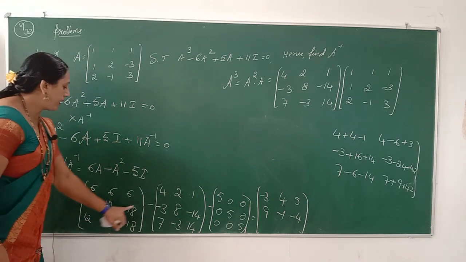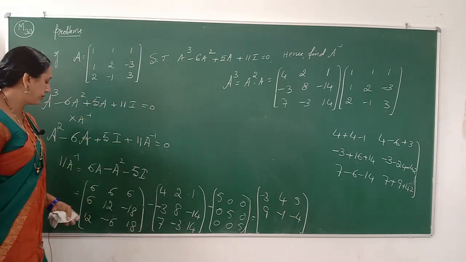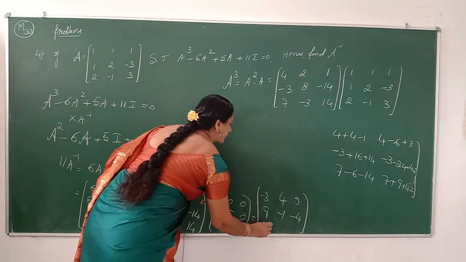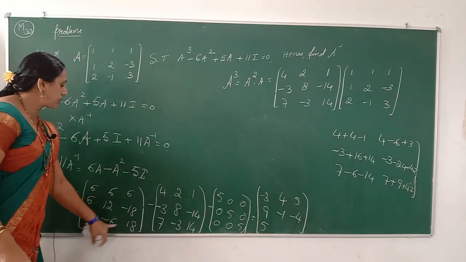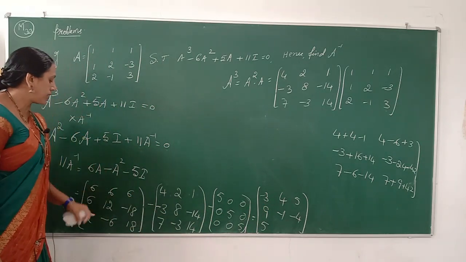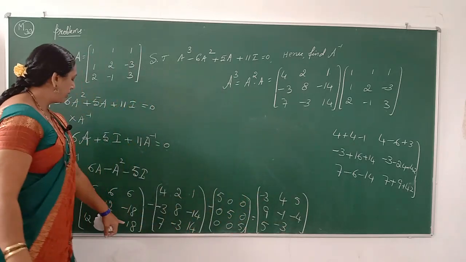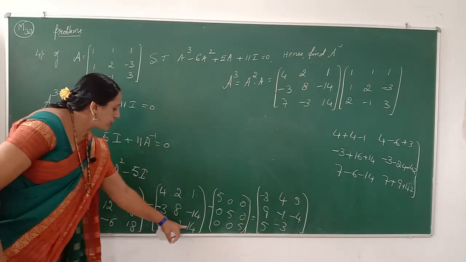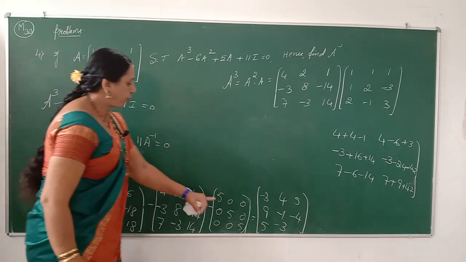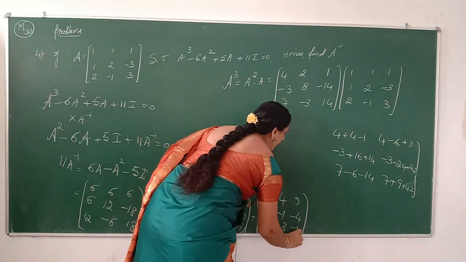Third row, 12 minus 7 is 5. Minus 6, minus into minus is plus 3, minus 6 plus 3 is minus 3. 18 minus 14 is 4, 4 minus 5 is minus 1.